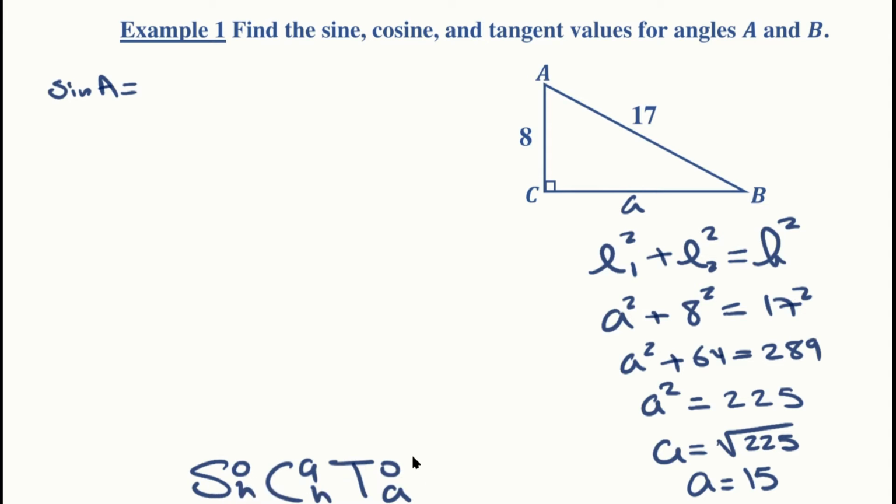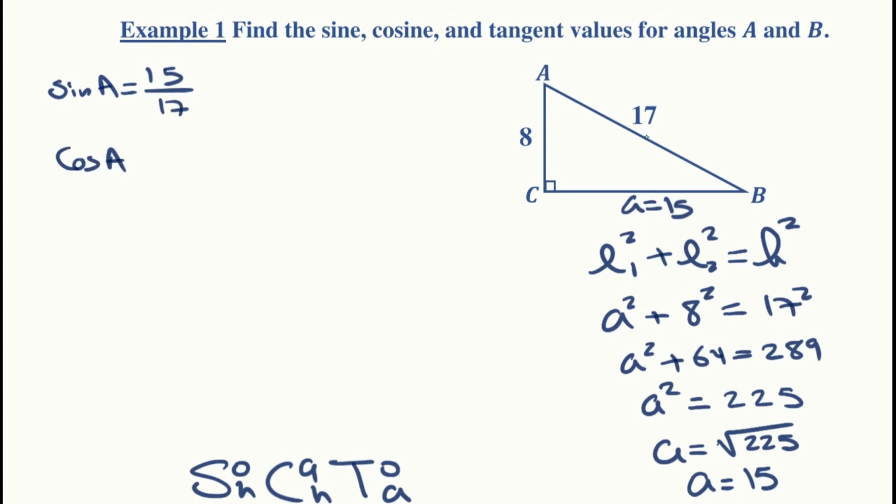So this is also a nice way to write that. So sine, as you know, is opposite over hypotenuse. So notice that for a, the opposite side is the a which we found. We know what it is now. It's 15. So it'll be 15 over the hypotenuse, which is 17.